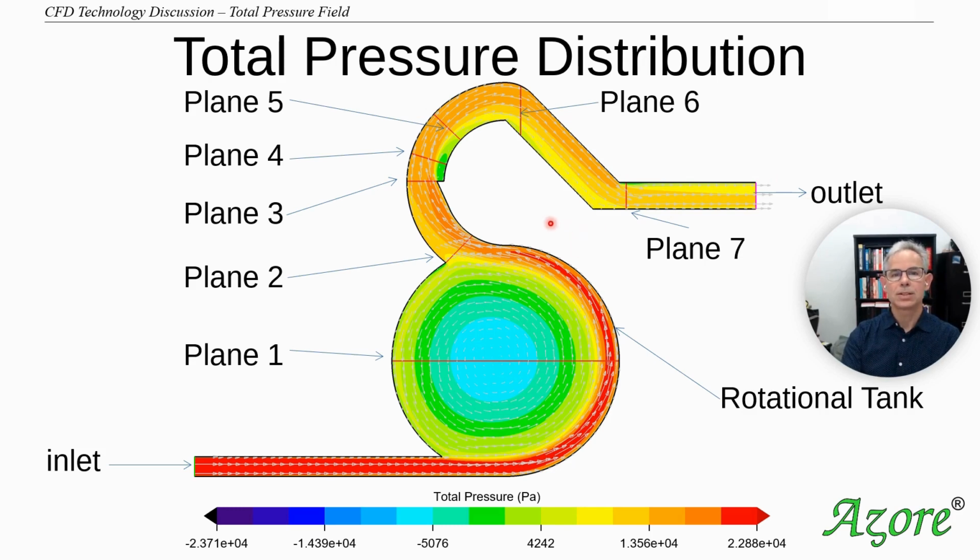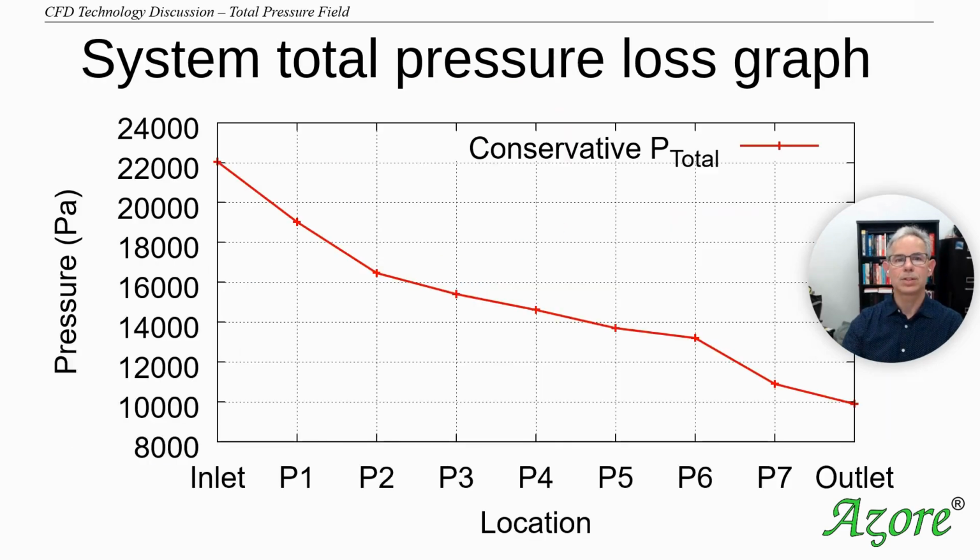Now let's take a look at our integration planes and plot it out here. So here is our inlet, where it has the highest pressure. This is our conservative total pressure, which is what we're going to start with. This goes along with what we would expect.